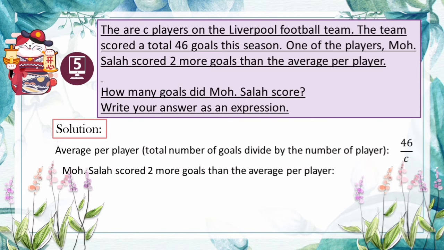Now we know Mo Salah scored 2 more than the average per player, so we can just add 2 to that, plus 2. And that's how many goals Mo Salah scored. This expression is 46 divided by 6 plus 2.